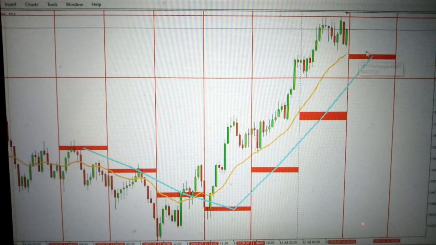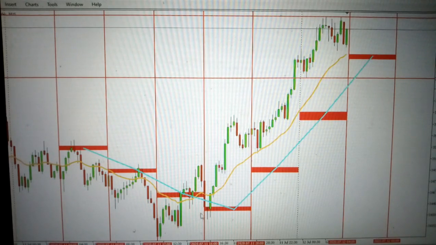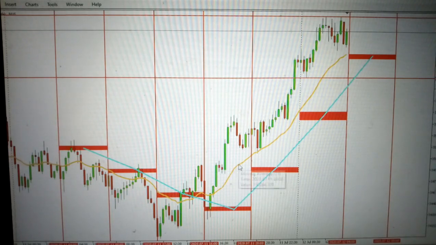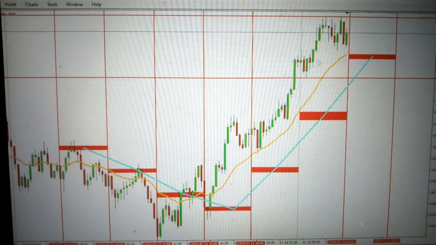It's currently rising, and the idea about this strategy is if price breaks and if the gold colored moving average crosses above my cyan colored trend line, then I have a reversal or a retracement, just like what happened here.